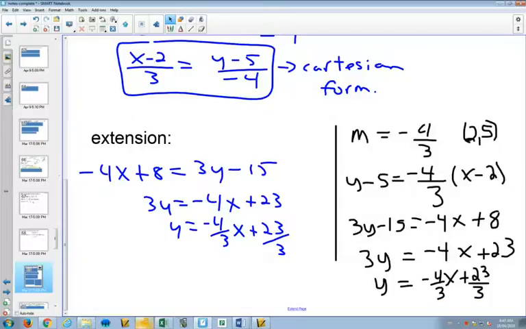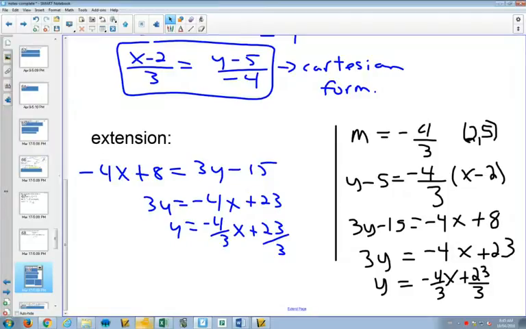If you had solved this using your grade 10 math, you would have had your slope as negative 4/3. You would have had your point. You could have plugged it into your point-slope form and rearranged and solved for y to get y equals mx plus b that way as well.